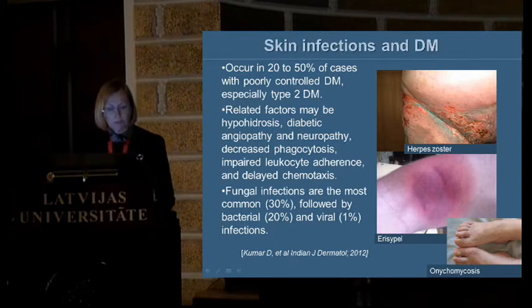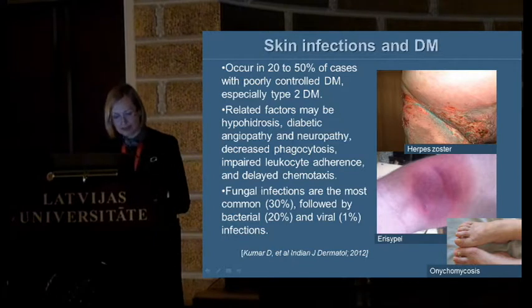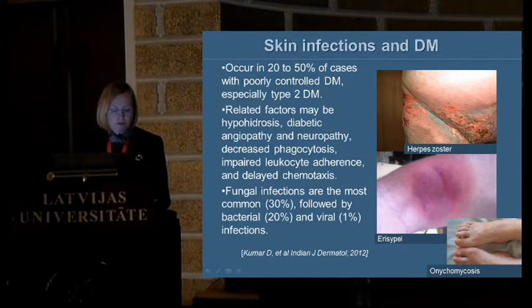Related factors may be hypohidrosis, diabetic angiopathy and neuropathy, decreased phagocytosis, impaired leukocyte adherence, and delayed chemotaxis. As you know, fungal infections are the most common, followed by bacterial and viral infections.